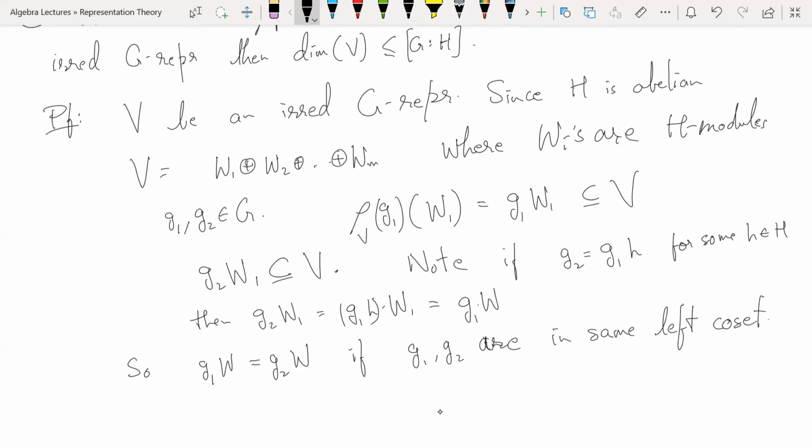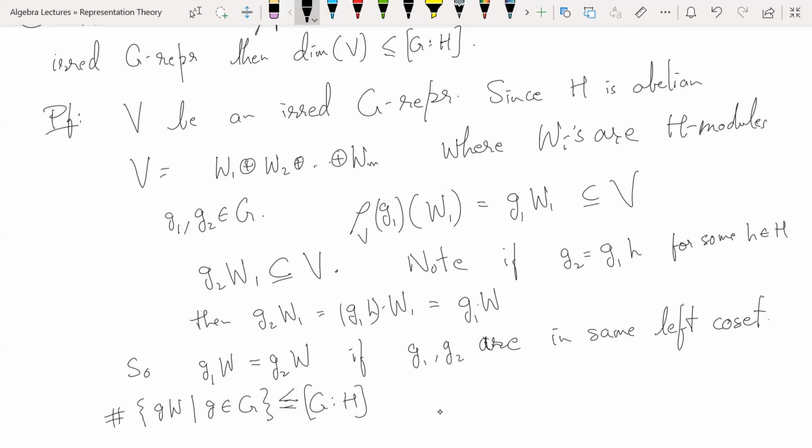So for each G, you can get these subspaces, but there are not too many of those subspaces. If you look at this collection, GW for G in G, then it has cardinality at most G colon H. Even if they are not in the same left coset, we can have equality.